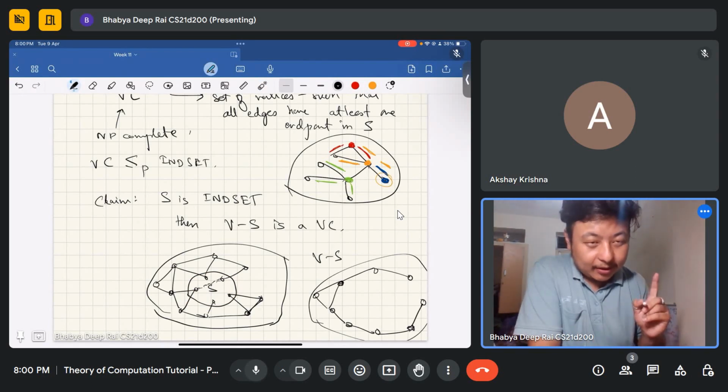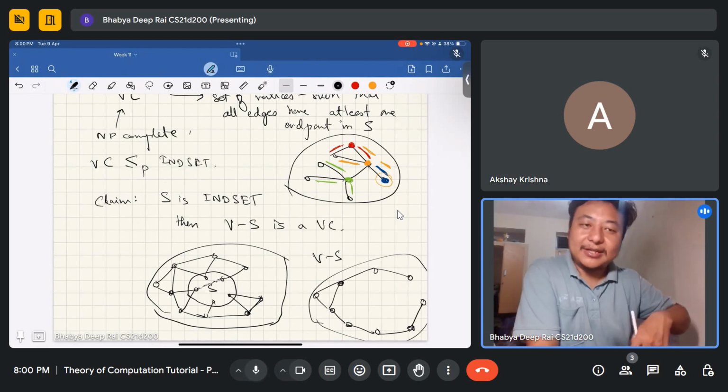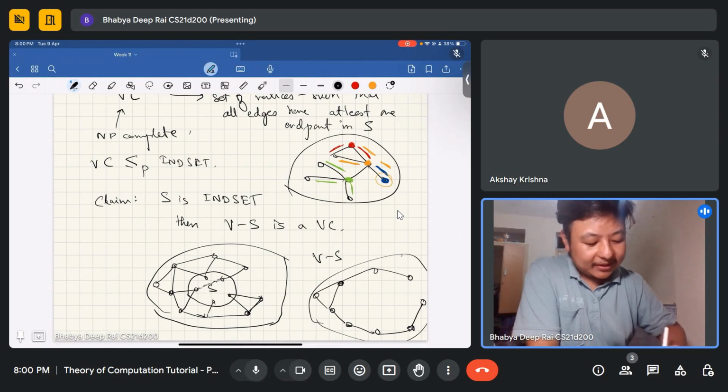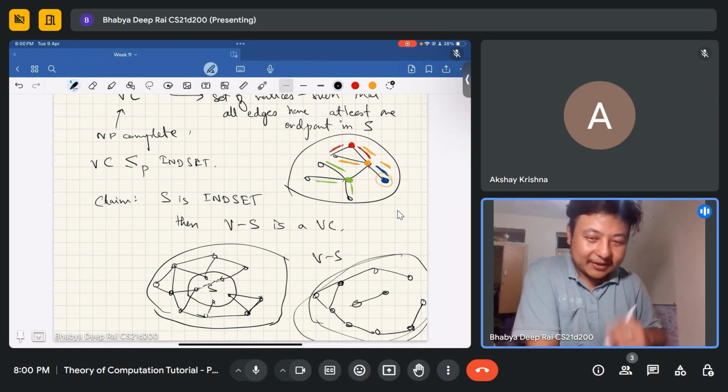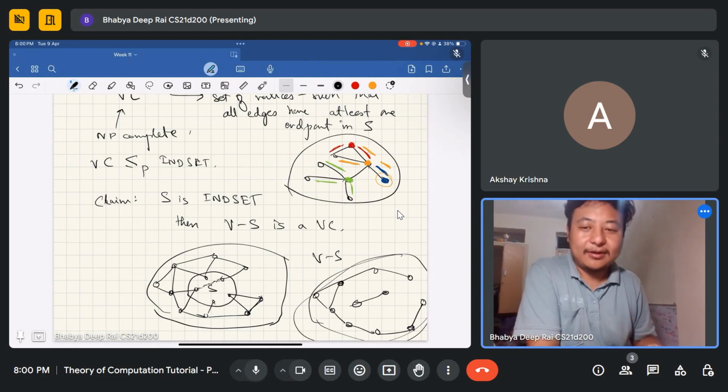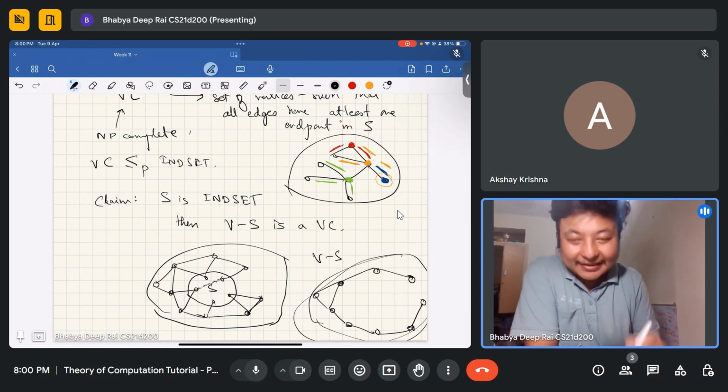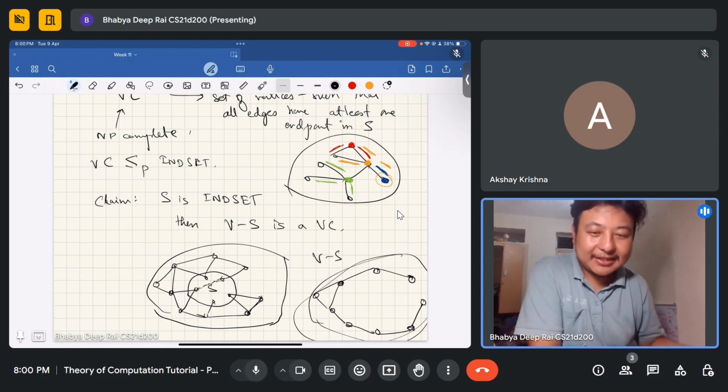But if there was an edge among them, it needs to be covered by the vertex cover, right? So that edge would have to be covered, but those vertices are not present in V minus S itself. So it cannot be that there is an edge here. So it cannot be that S is not an independent set, and V minus S is a vertex cover.